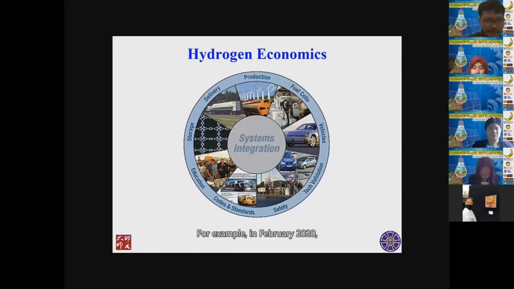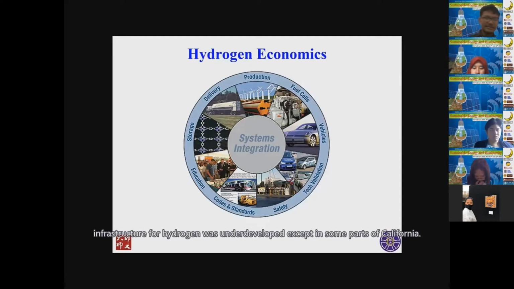For example, as of February 2020, infrastructure for hydrogen was underdeveloped, except in some parts of California. We can look forward to more applications that are safer and highly efficient.